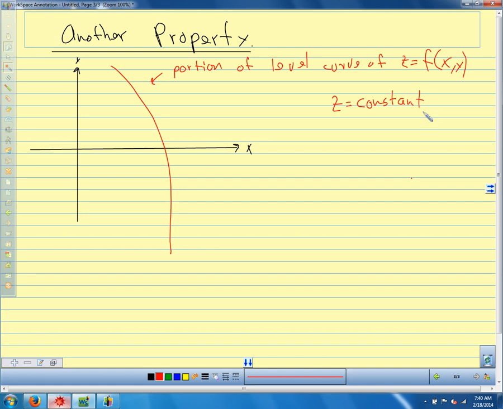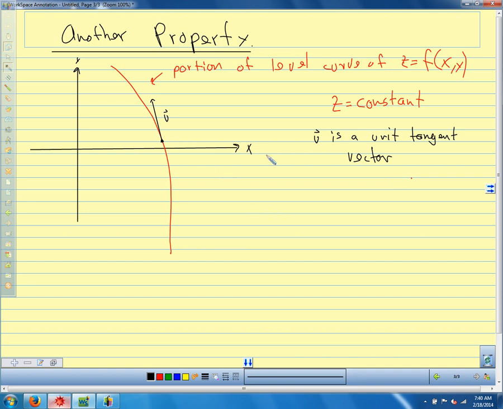I'm going to make u, the direction that I want to find my directional derivative, a unit tangent vector. So I'm going to say this is a unit tangent vector at this particular point on this level curve. So u is our unit tangent vector on the level curve.